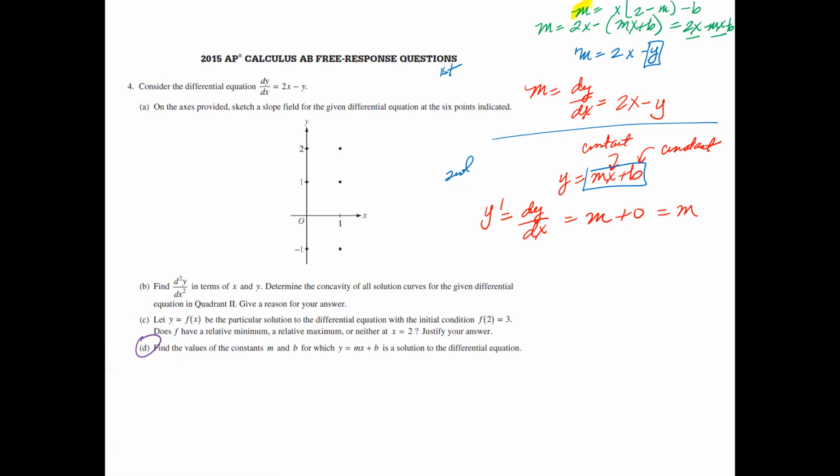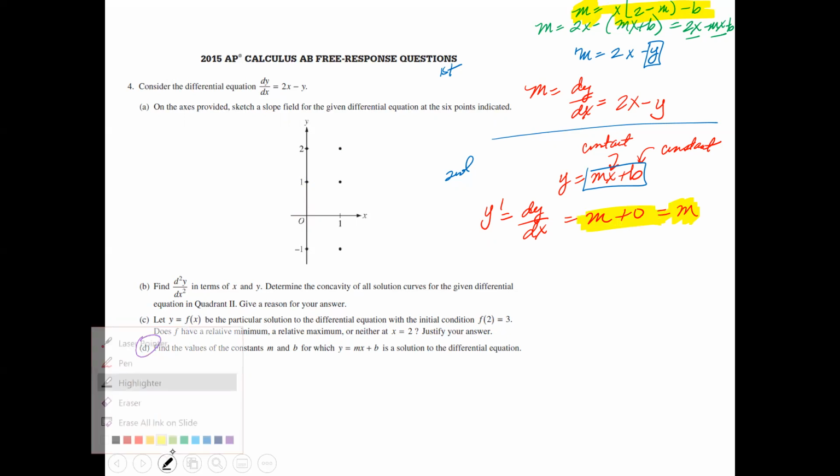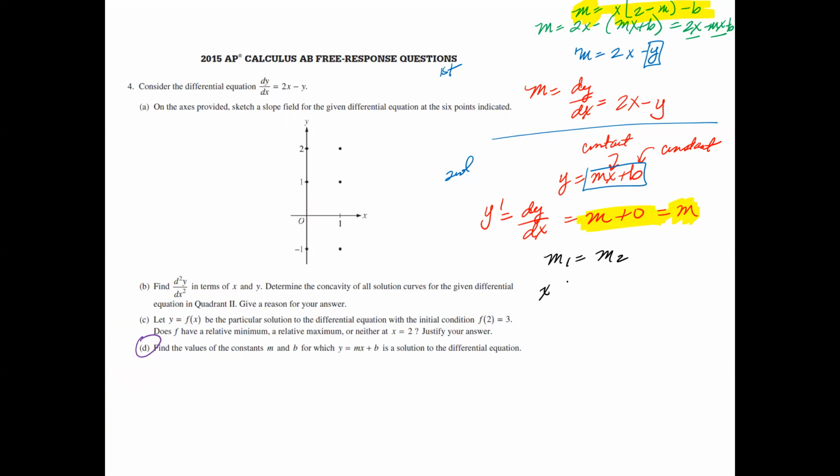Now looking at this, m is equal to this part right here. The second equation's m is equal to this part right here. Let's set those equal to each other. So I will have m from the first equation equals m from the second equation. The first equation is x(2 minus m) minus b, which is equal to m plus 0.